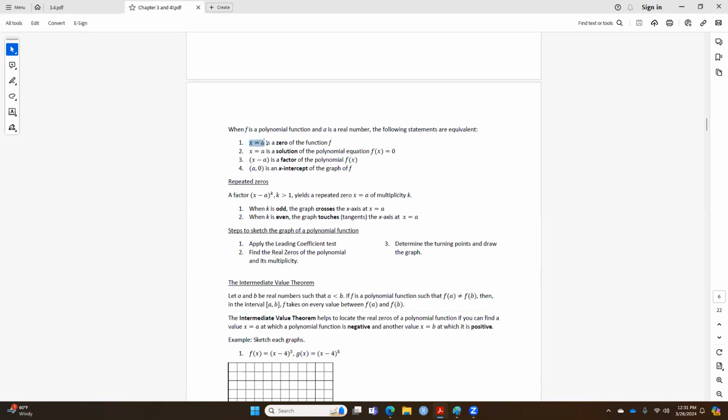The solution is written as x equals a. In factor form, it is x minus a in parentheses. And the x-intercept is written as a comma 0 in coordinate form. So make sure you know the difference here.